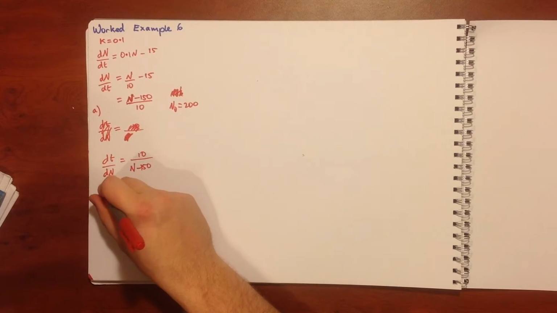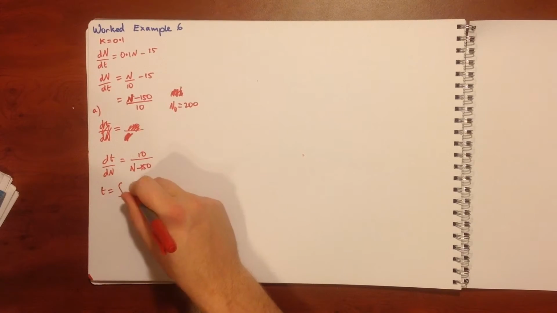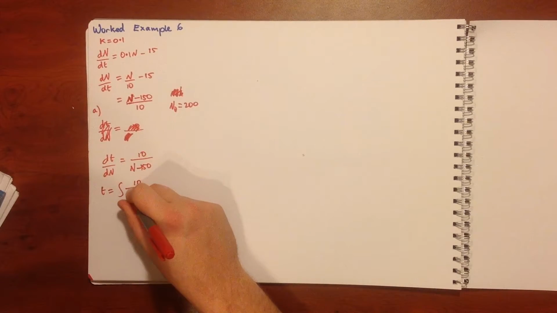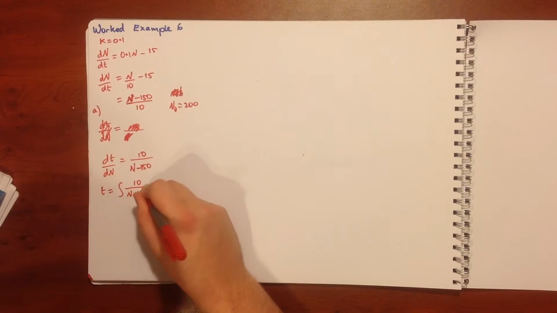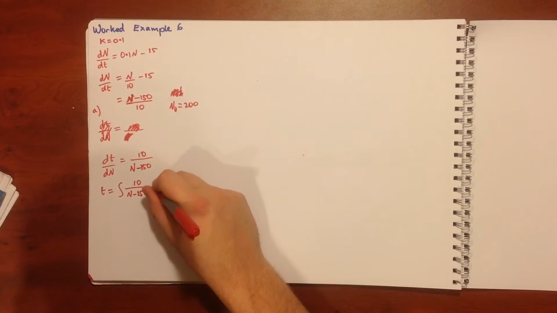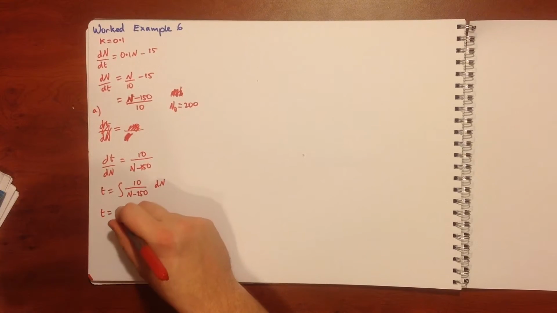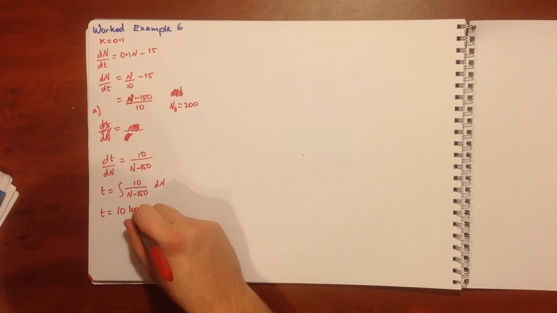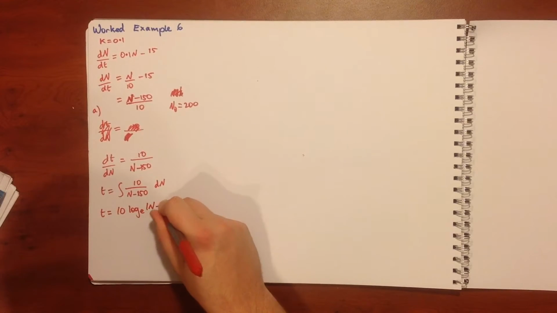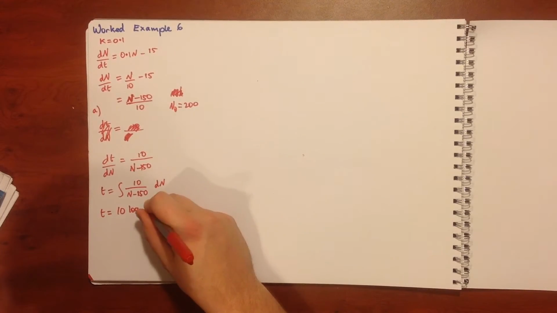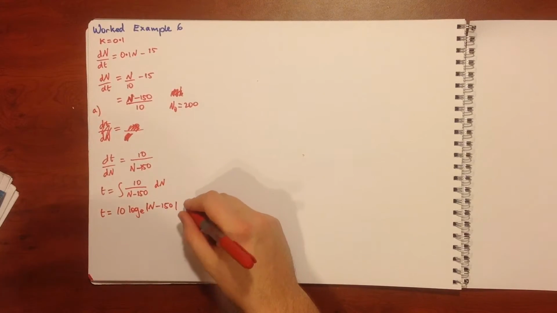So we're going to integrate that. So t equals the integral of 10 over n minus 150 dn, which means t is going to equal 10 log to the base e of the modulus of n minus 150, plus c.